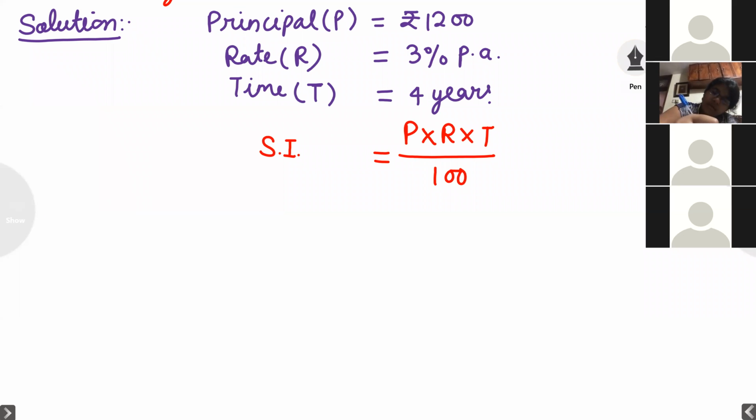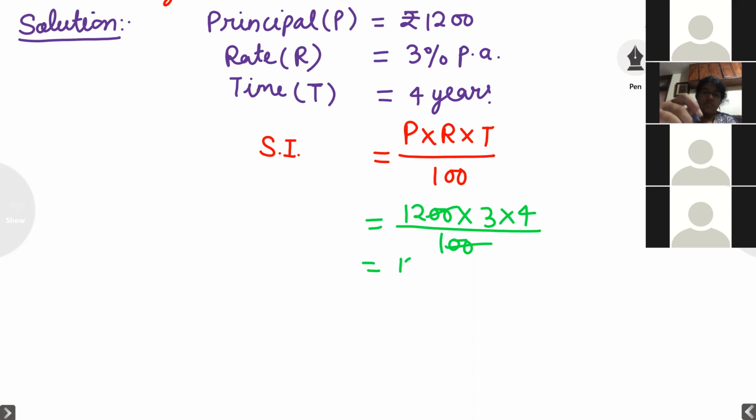Principal is 1200, rate is 3, time is 4, whole divided by 100. Double zero cancel. 12 into 12 is rupees 144. Don't forget to mention units. SI we got it.